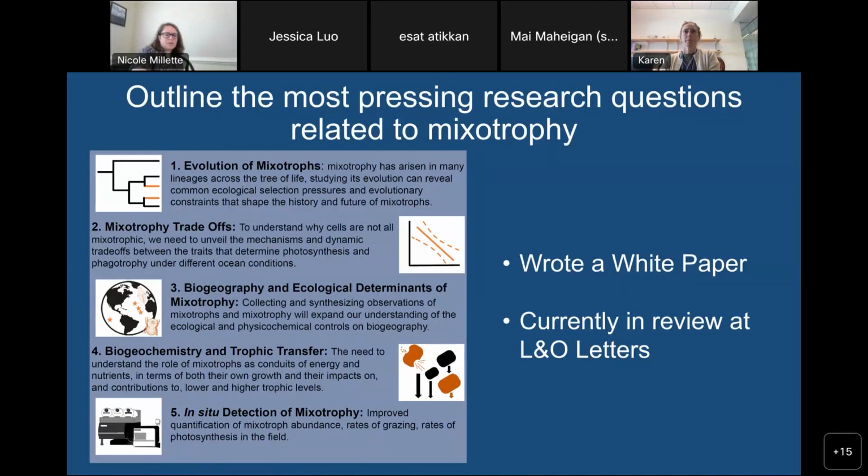The next one was understanding biogeography and ecological determinants of mixotrophy.